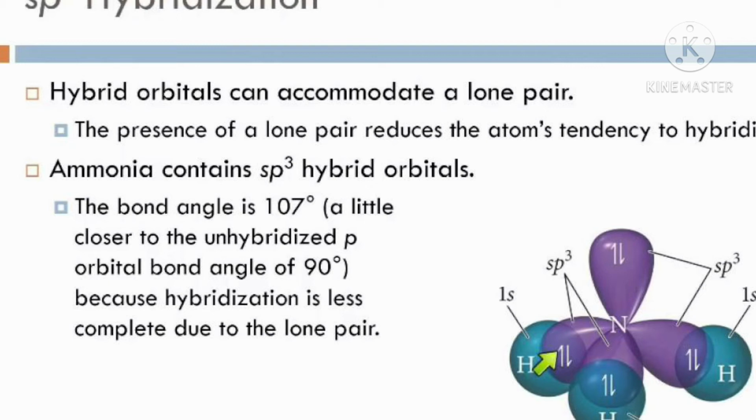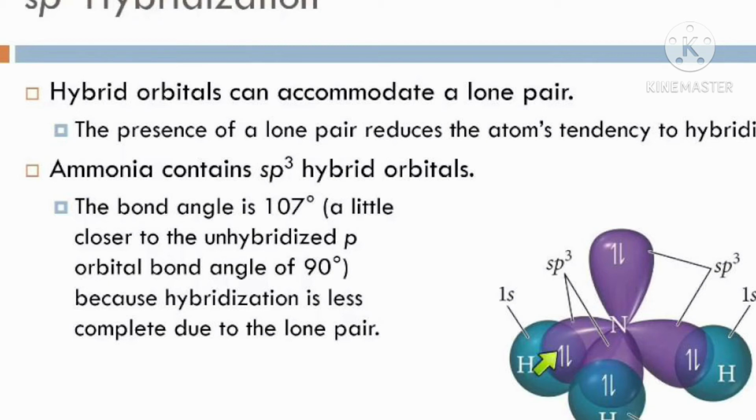Now the hydrogen atoms overlap their 1s orbitals containing unpaired electrons with the sp3 orbitals of the nitrogen atom containing unpaired electrons to give 3 sigma s-sp3 bonds.